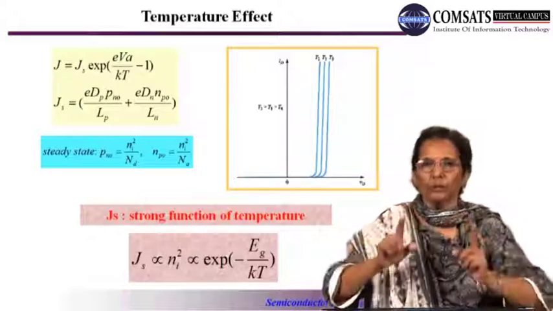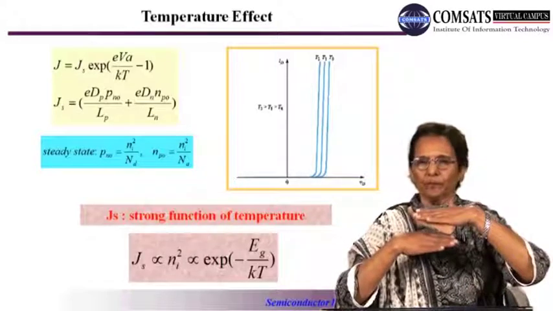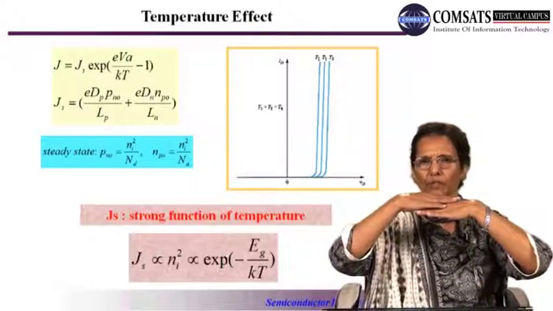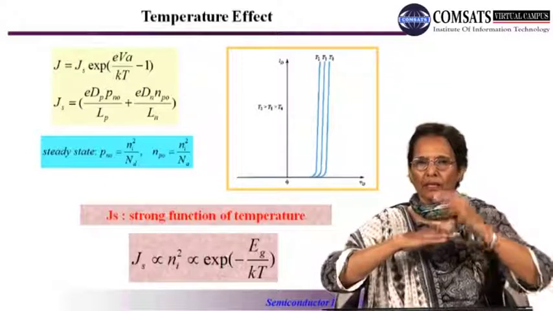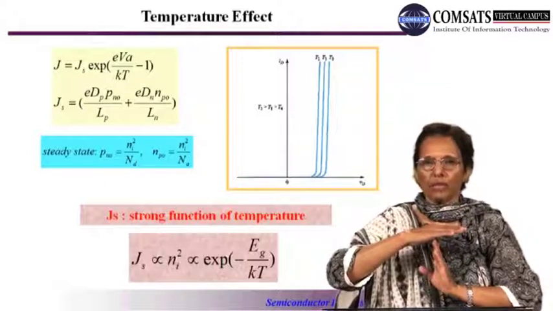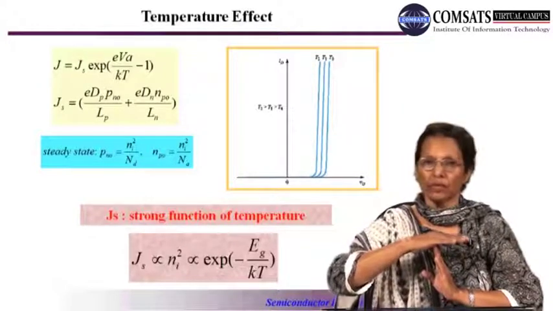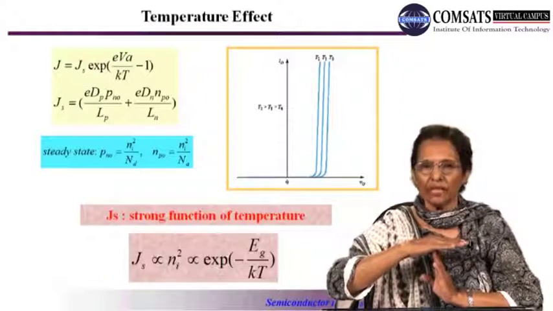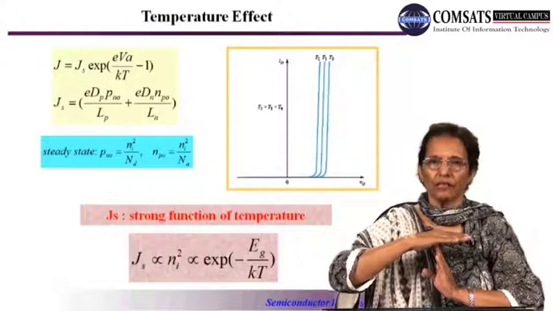Now let's try to imagine the same concept in terms of the energy band diagram. Here is the conduction band, the top band. Here is the valence band, the bottom band. The bound electrons, the covalent bonded electrons, are shown in the valence band in the energy band diagram.